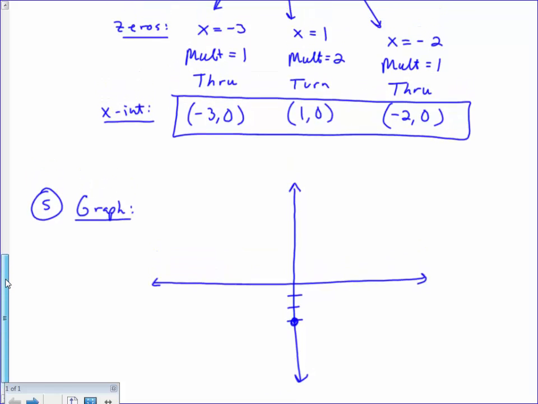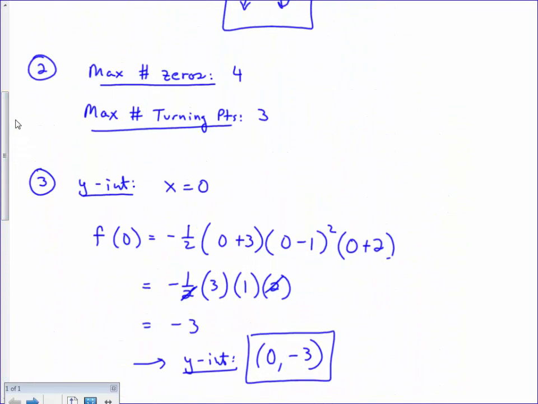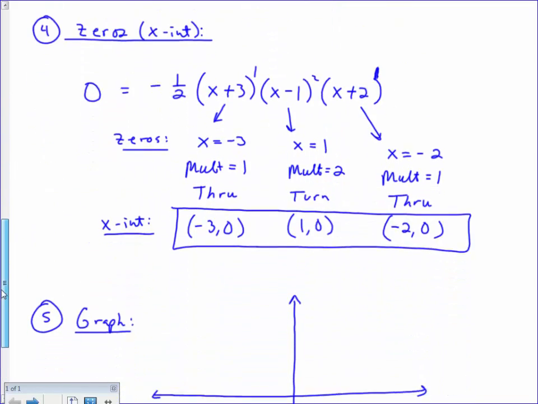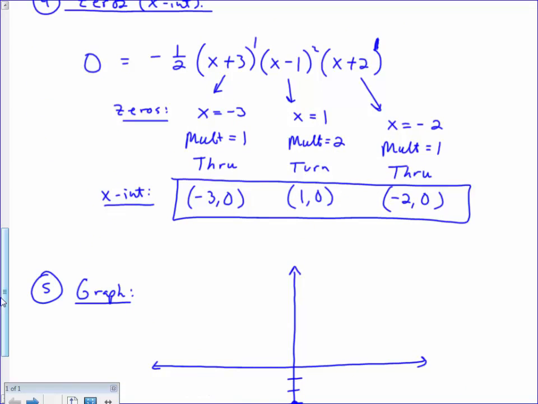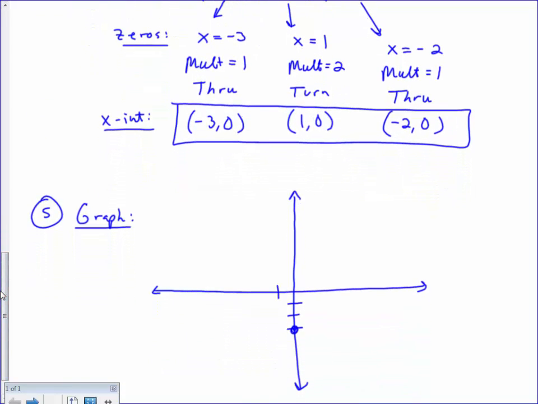Now notice, at the front of this problem, we said that the maximum number of zeros that we could have is 4. We actually ended up with 3 zeros. That's a fine thing to have happen. So we have negative 3, 0. We have 1, 0. And we have negative 2, 0.